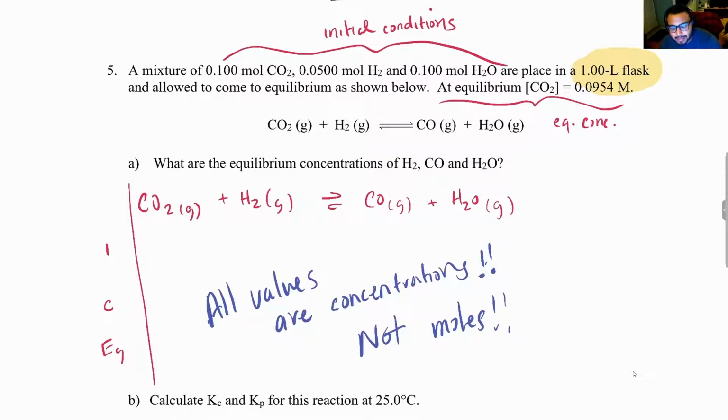Remember, molarity is equal to moles per liter. So I'm going to divide all of my mole values, 0.1, 0.05, 0.1, by 1. Essentially all of the mole values will be turned into molarity, and the numbers aren't going to change. But you need to be very conscious that if, let's say, our flask was 5 liters, you would have to divide all of the mole values by 5. So make sure you're aware of that.